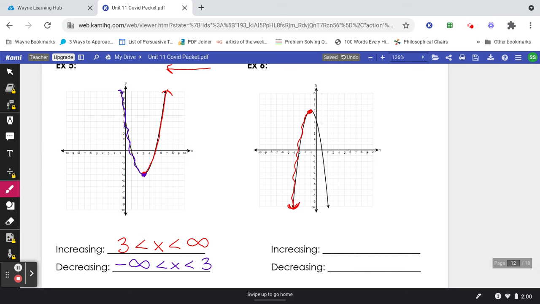This right here represents negative infinity because it's just going to keep going to the left, negative infinity, all the way till -1. And then decreases from -1 all the way till infinity. There we go.